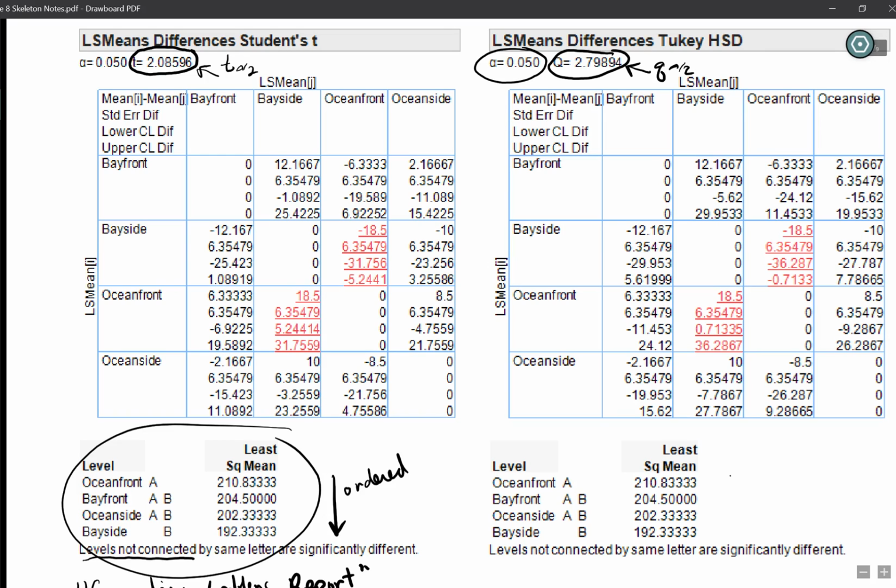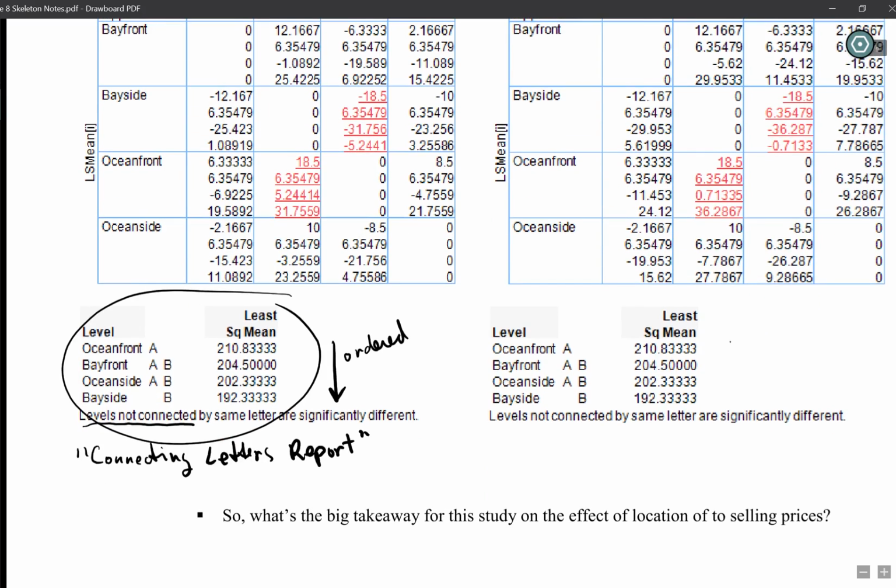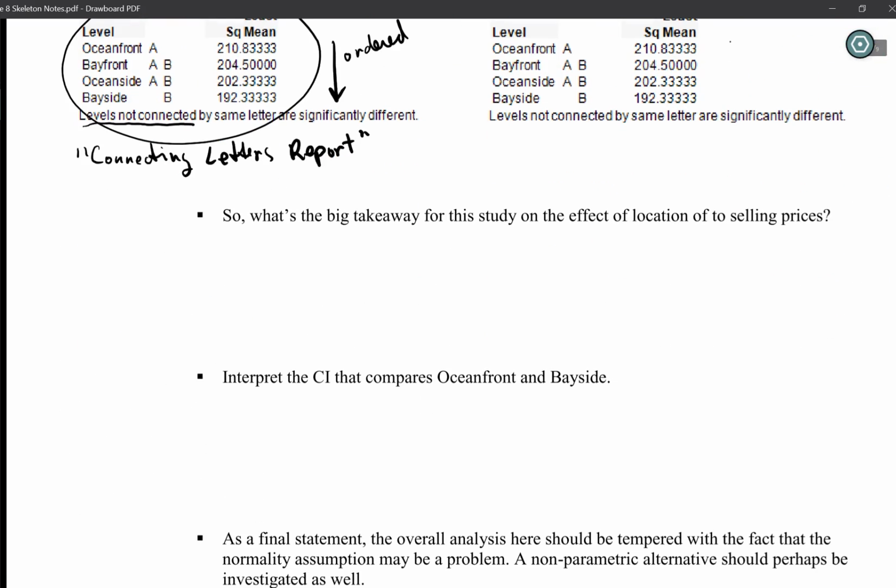But the big takeaway is that we see here oceanfront and bayside are statistically significantly different. We see that from our multiple comparison technique. So for this first question we have sufficient statistical evidence to conclude that mu4 is different than mu2.